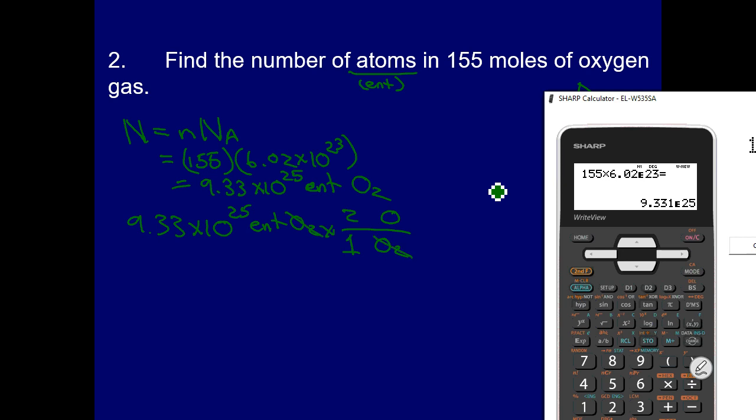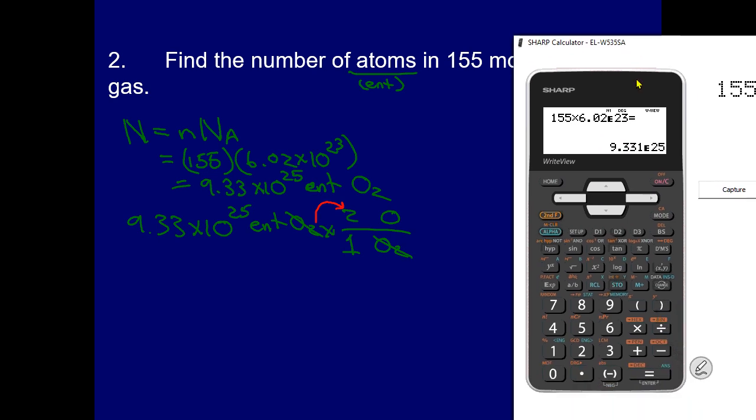Where am I getting this number? The 2 in the formula becomes the 2 that we multiply it by. My calculator already has the number in there. I just need to multiply it by 2, and I have the number of oxygen atoms. That equals 1.866, so 1.87 times 10 to the 26 entities of just O, oxygen atoms.